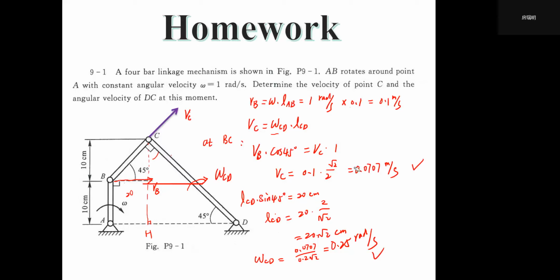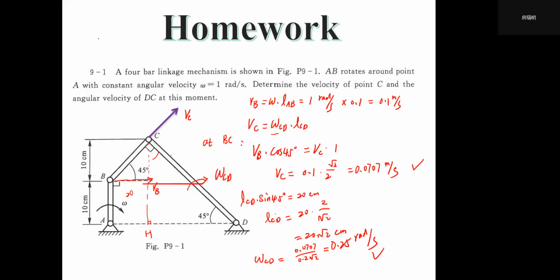I think maybe I will go back to what we learned last time. This is the theorem of the projection method. Let me put it this way. If you just look at this B and C, actually these two points are on a rigid body BC, which has plane motion.